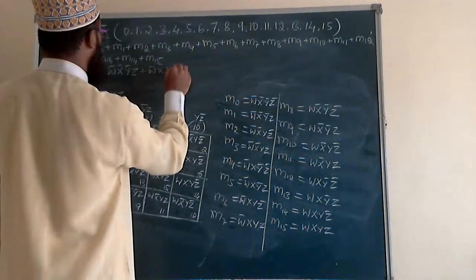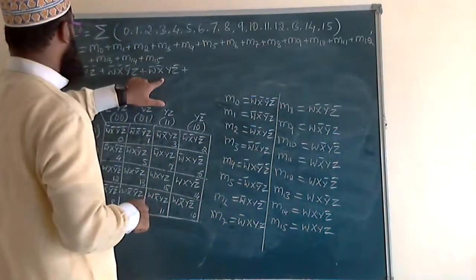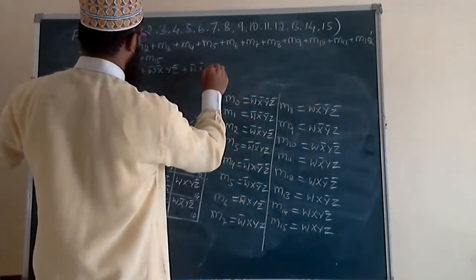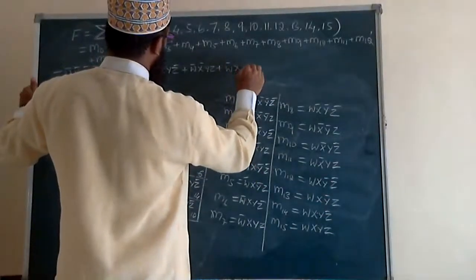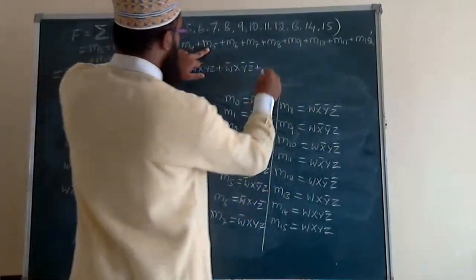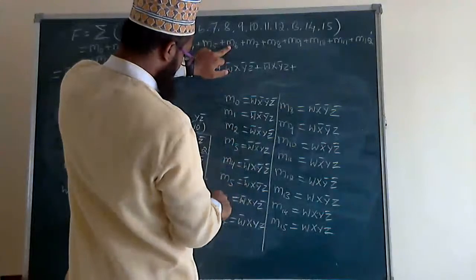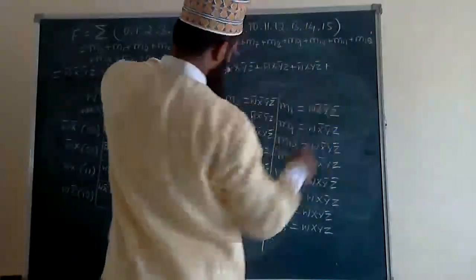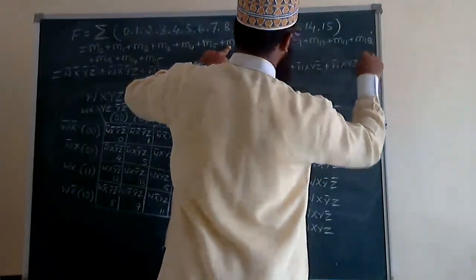Now for m3, W bar X bar Y Z, plus then m4 W bar X Y bar Z bar, plus. Then m5 is W bar X Y bar Z, plus, then m6 is W bar X Y Z bar, plus, then m7 W bar X Y Z, plus.